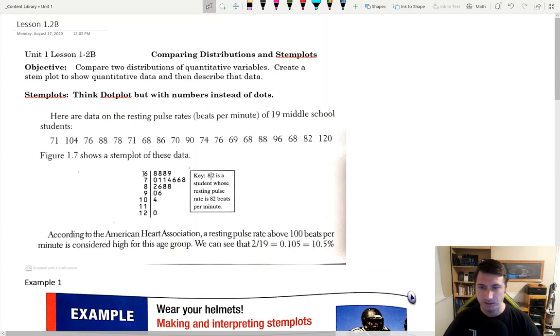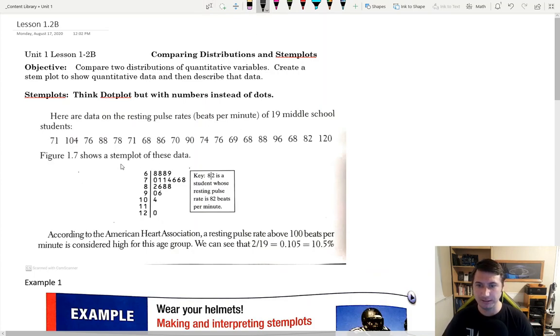So hopefully you've seen one of these before, but if not, the main thing about stem plots is an accurate key, this right here, to tell you what all this information means. So the key says 8 bar 2 is a student whose resting pulse rate is 82 beats per minute.